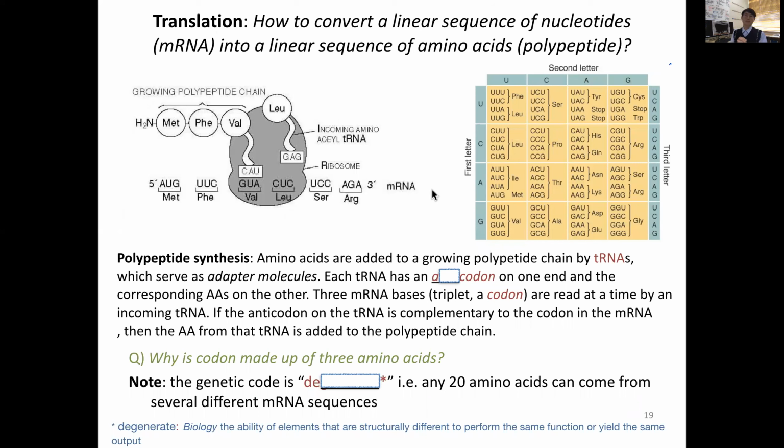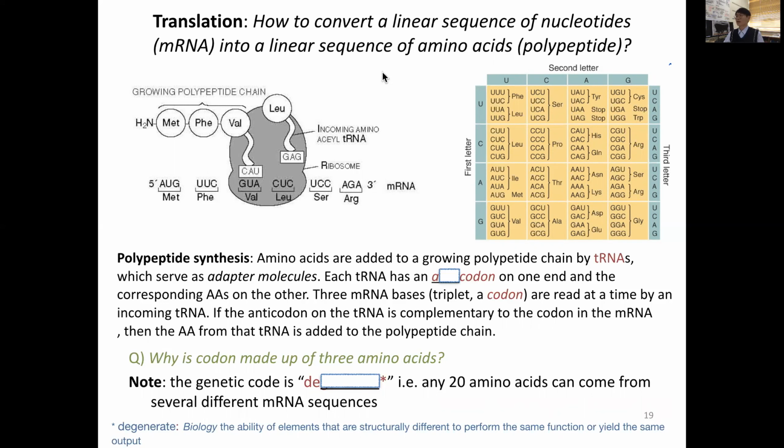Now thinking about the genetic code: how do we convert a linear sequence of nucleotides in mRNA, composed of four types, A, U, C, G, into a linear sequence of amino acids, which are the building blocks of a protein? And we know there are about 20 amino acids.